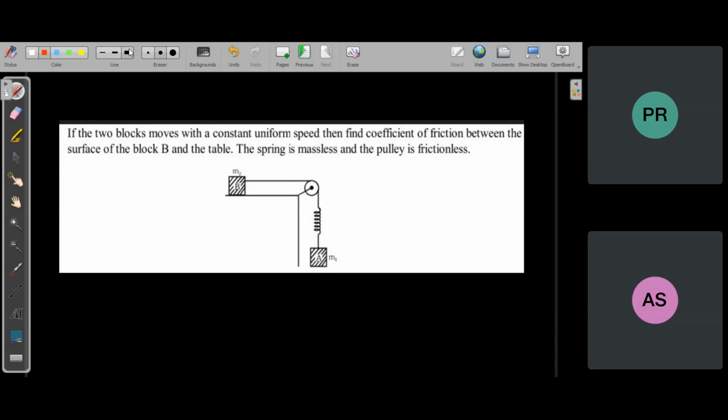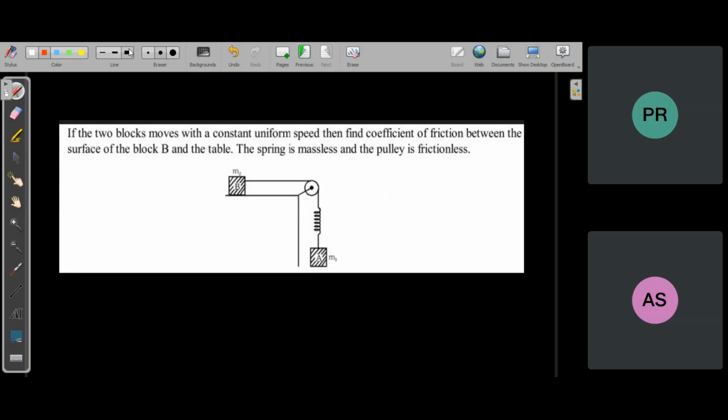Tell me, are you getting it? Sir, here the work concept is not required, no sir.